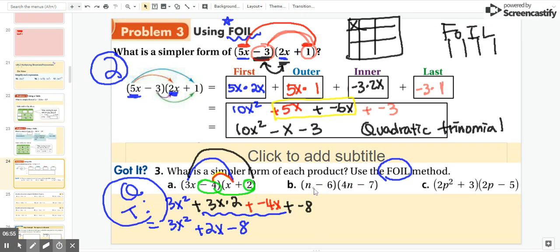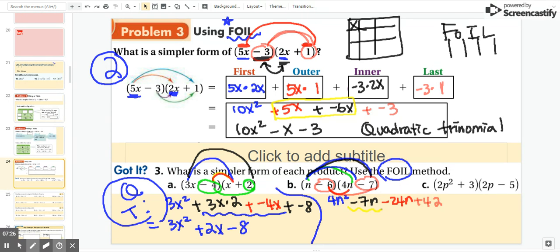Let's do this. So first, 4n squared, and outside, it's negative 7n, inside negative 24n, and last negative 6 times negative 7, which is 42.